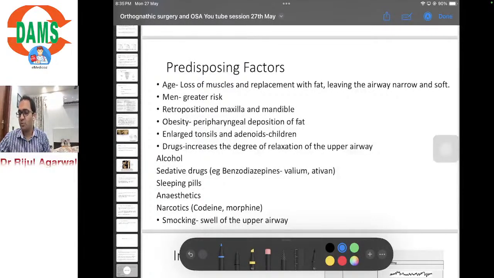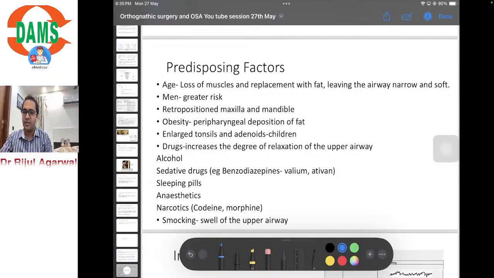Next is sex predisposition, that is men or males have a greater risk of obstructive sleep apnea. Third is retroposition of the maxilla and mandible. If the maxilla and mandible position is backward, leading to shortening or reducing the volume of the airway, it is a predisposing factor. Obesity, as we all know, is a pharyngeal deposition of fat around the airway, leading to narrowing of the airway. Enlarged tonsils and adenoids in children.